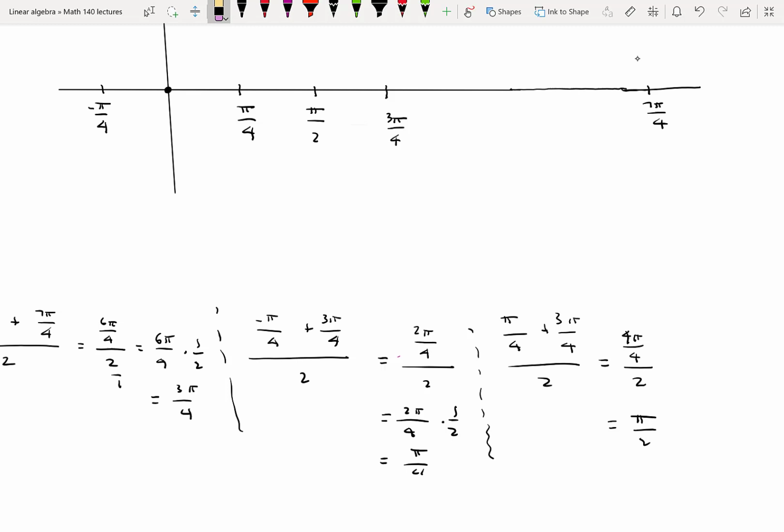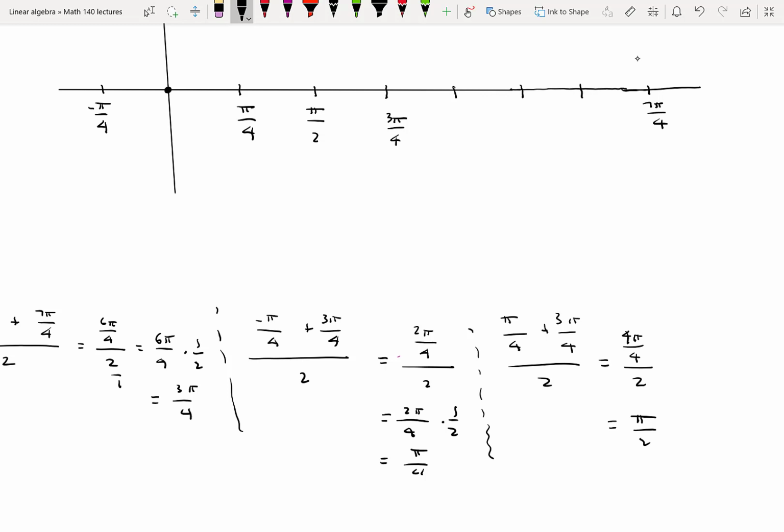Now, we don't really need to go through that averaging business to get these other midpoints, and let me show you why without erasing everything. I need 3 more points. It's not difficult to see them.